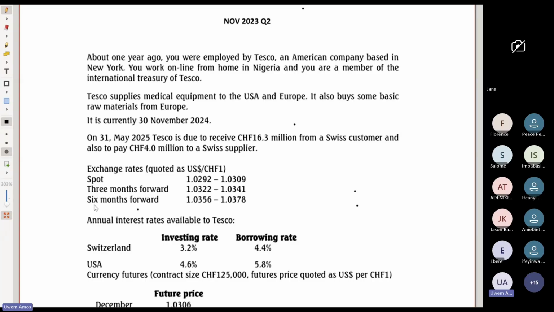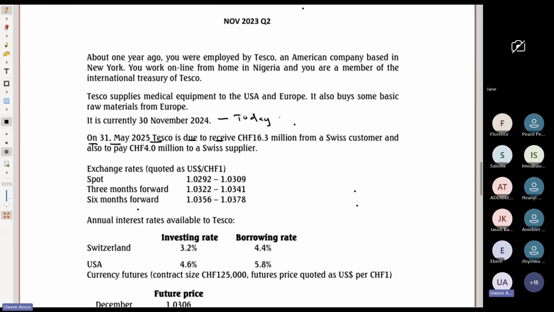Clearly, you're not expecting money to come now. The spot is out of the way. But when do we need the money to come? So let's go back to our question and see. It says it is currently 30th November 2024. So that is now, or today. On 31st May, Tesco is due to receive the money.